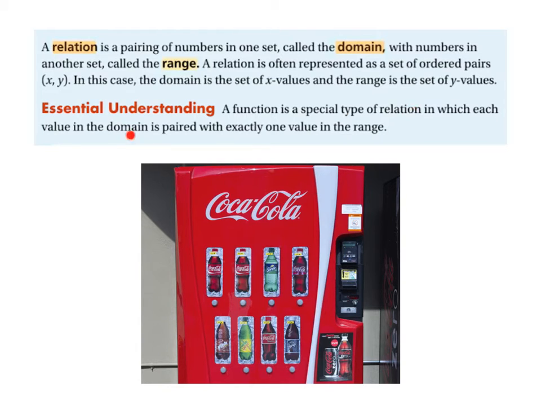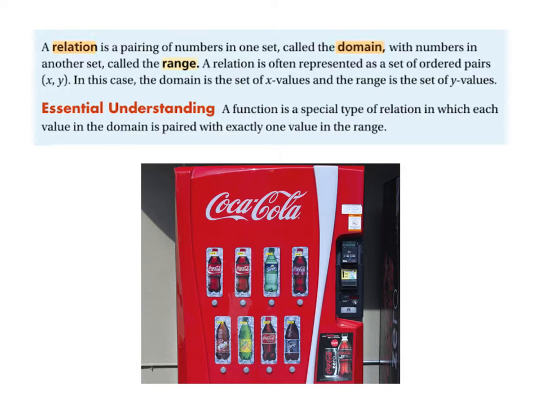Special type of relation in which the value in the domain, this button, is paired with exactly one value in the range, a Coca-Cola specifically, okay? This button can also produce a Coke, but these buttons shouldn't produce anything but that, right? There's only one thing coming out for that input value. And that's the idea of a function. Special type of relation. Things can be relations, not necessarily functions if they don't meet that requirement, okay?